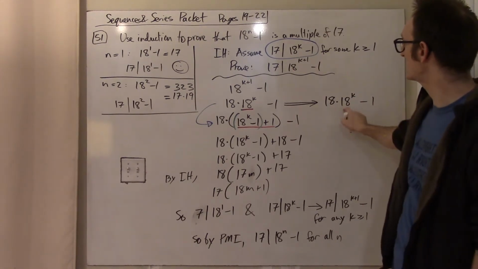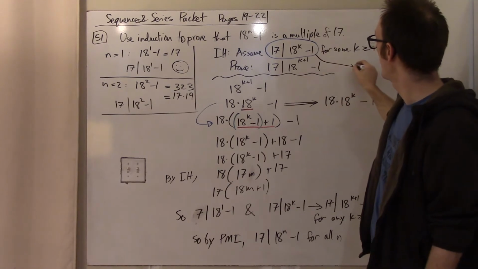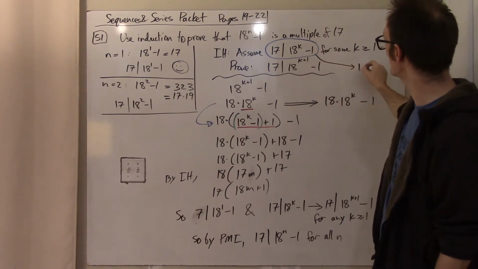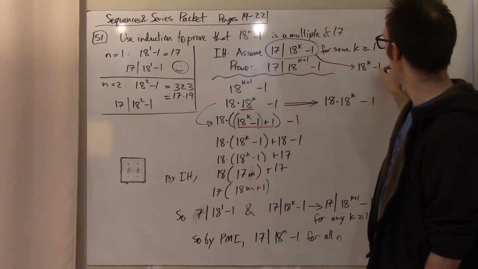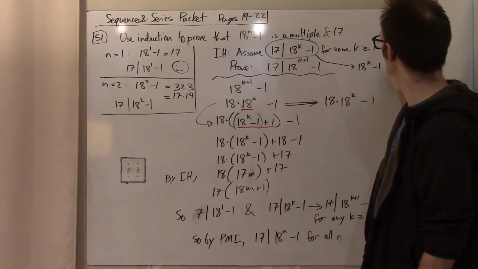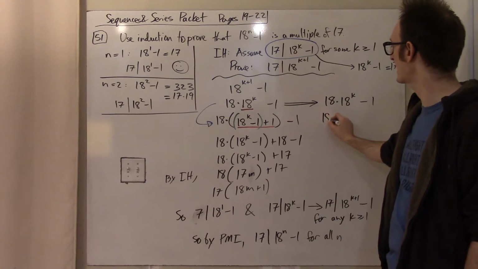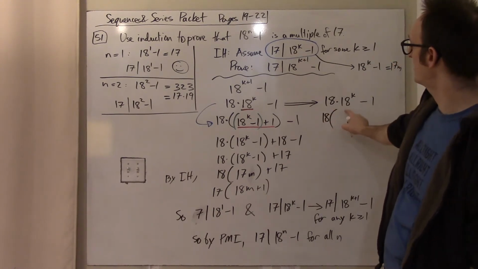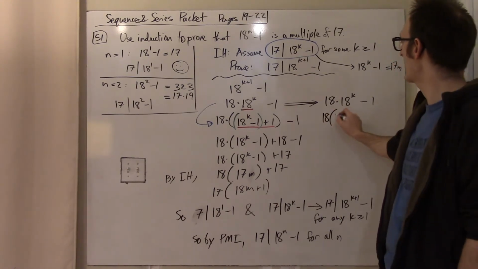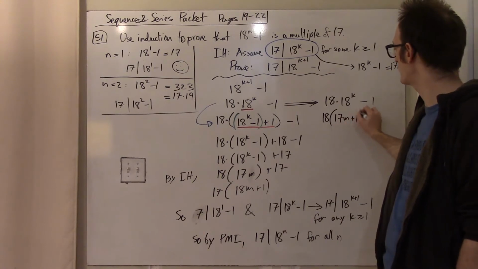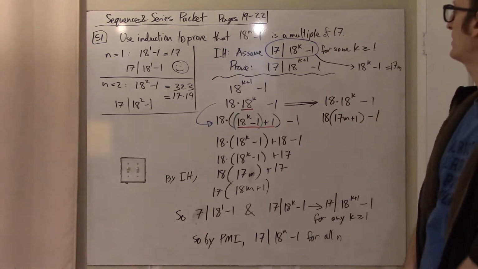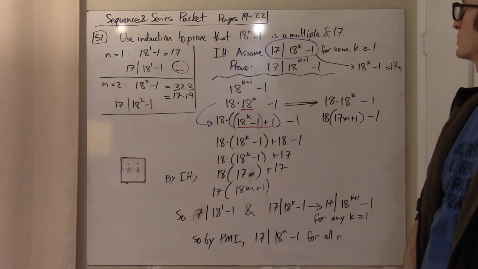I can just stick in right here, since I know that by my inductive hypothesis, 18 to the k minus 1 is 17m, then I can just put in 17m plus 1 in place of that 18 to the k. And that might somehow feel more like a real solution to you.